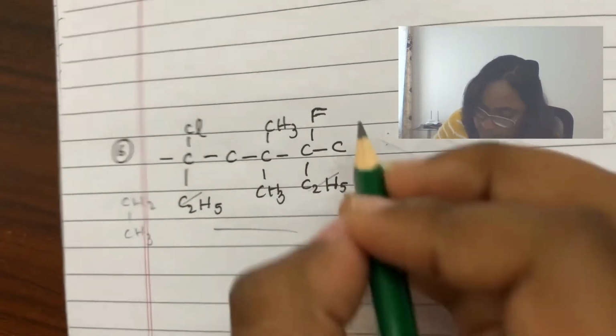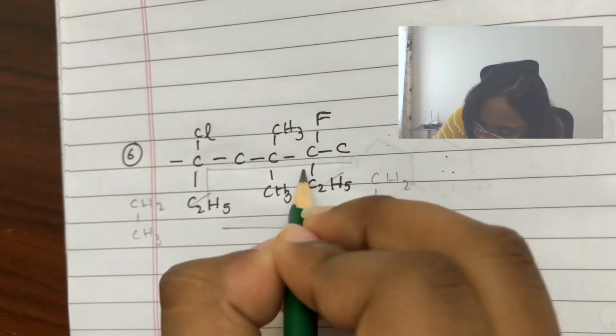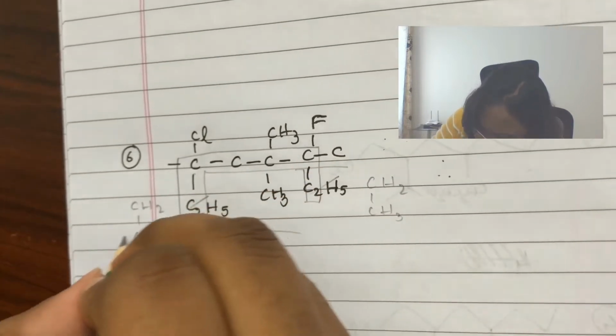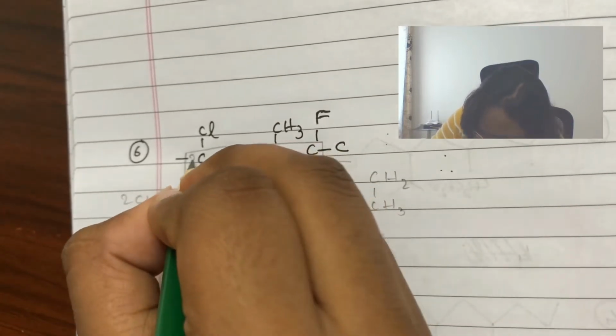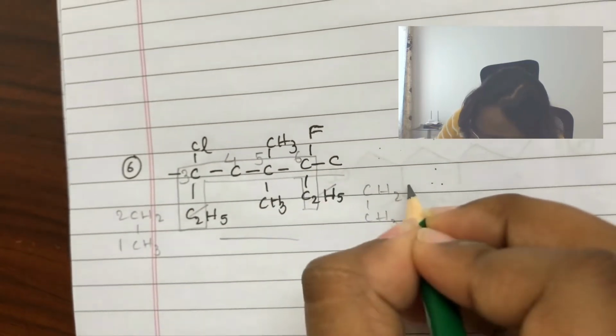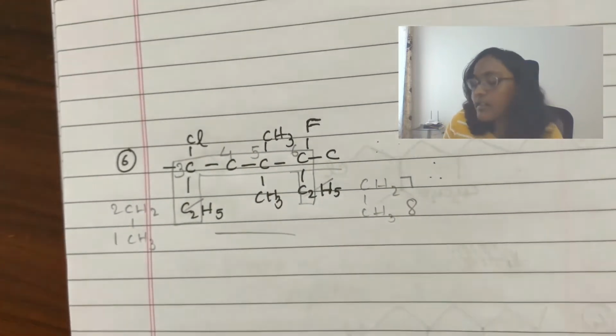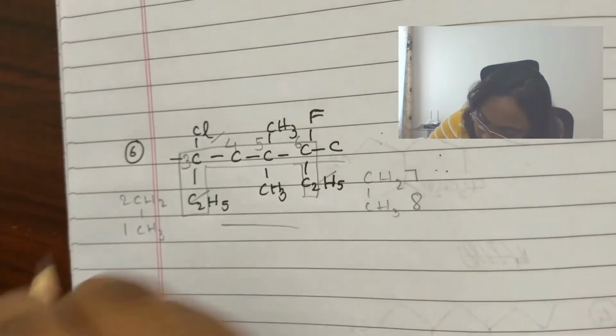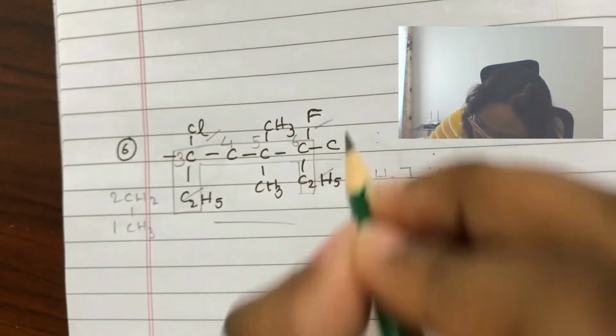And so our main chain becomes this, which consists of 1, 2, 3, 4, 5, 6, 7 and 8 carbons. And on the third carbon there is a chlorine, and on the sixth carbon there is a fluorine.